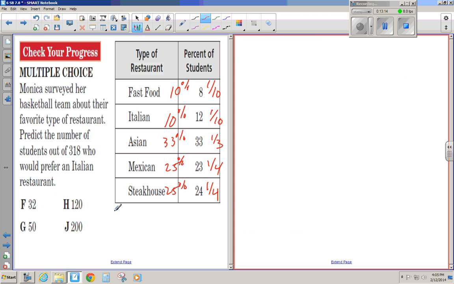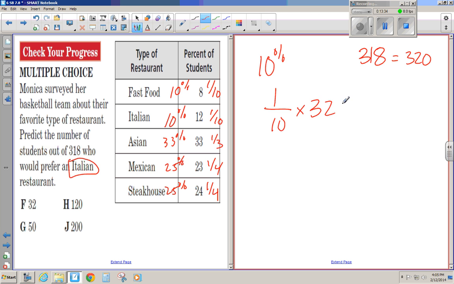So it's asking for Italian restaurants. Well, Italian restaurants, 10% or 1/10. 318 is pretty much 320. So 1/10 of 320 is 32.